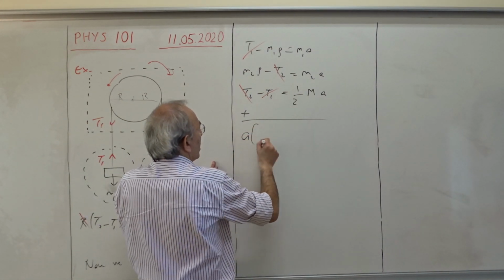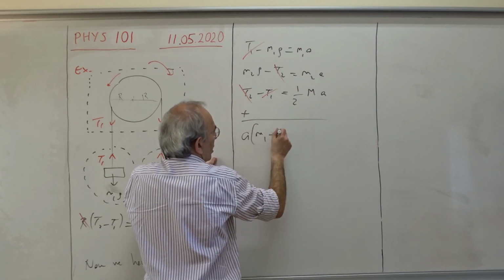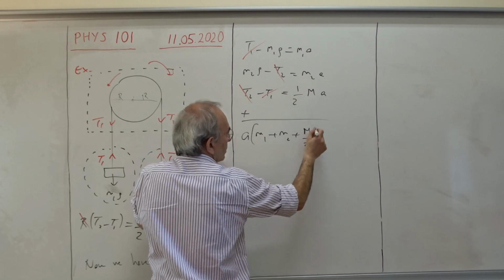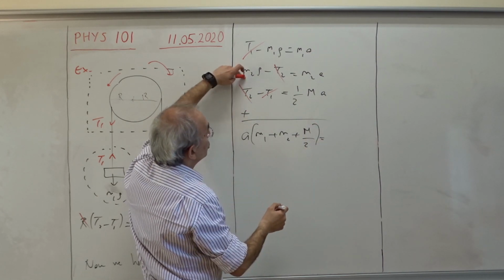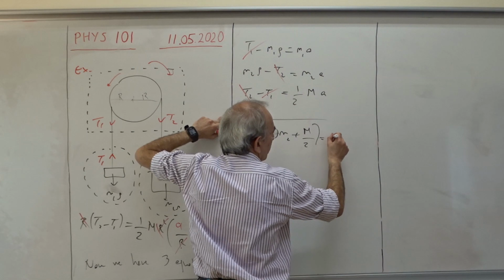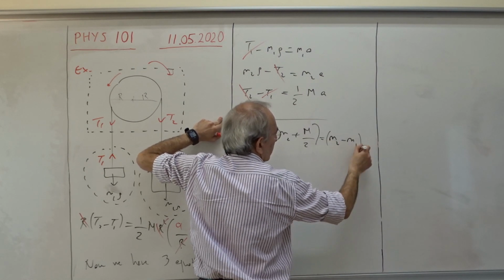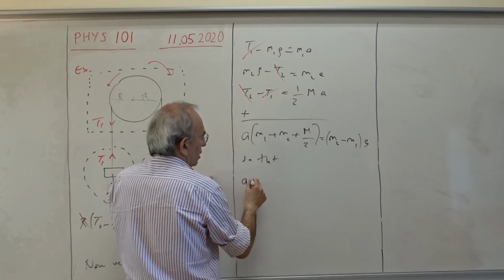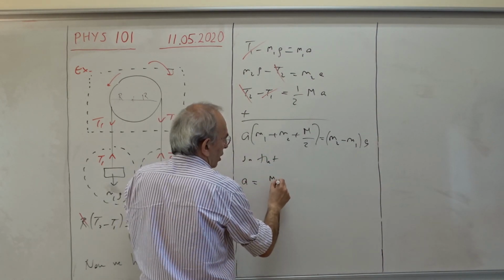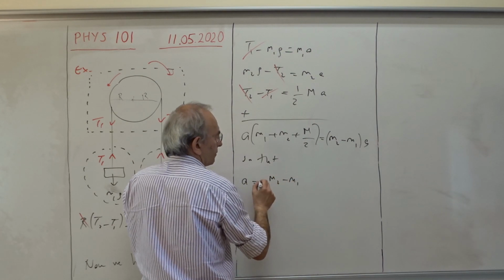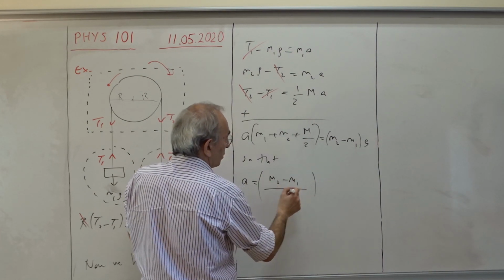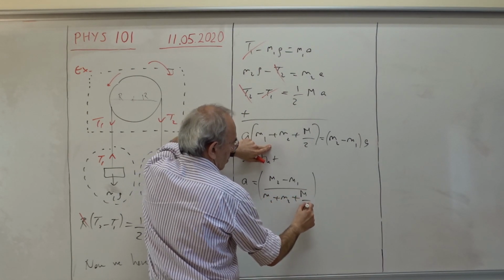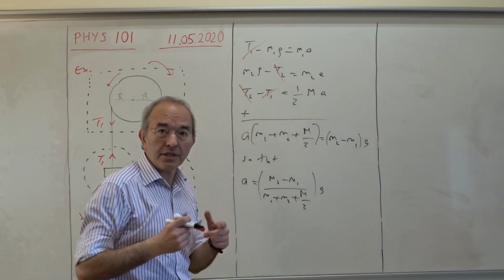So A multiplied by M1 plus M2 plus half of the disk's mass is equal to M2G minus M1G, which is M2 minus M1 multiplied by G. So the acceleration A is equal to M2 minus M1 divided by the sum of them, times G. This is the acceleration of the system.